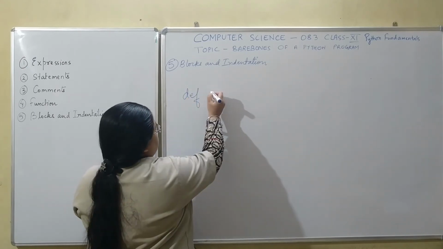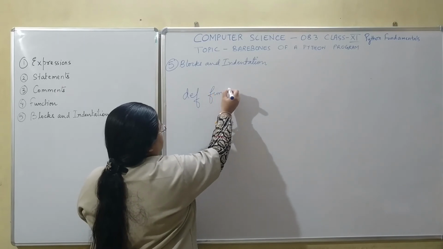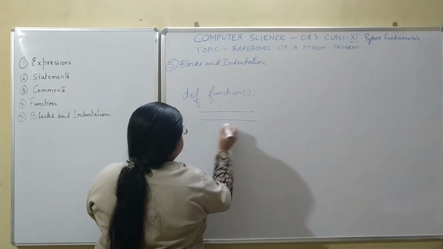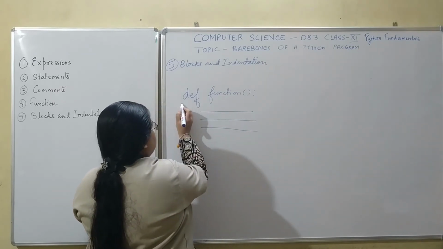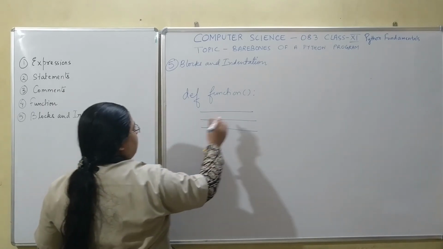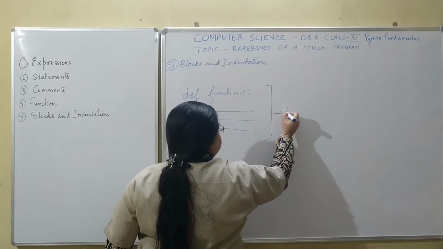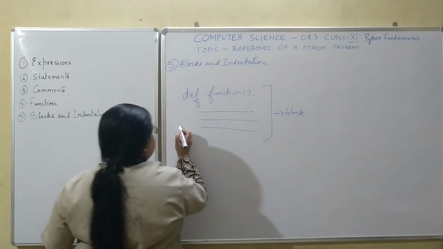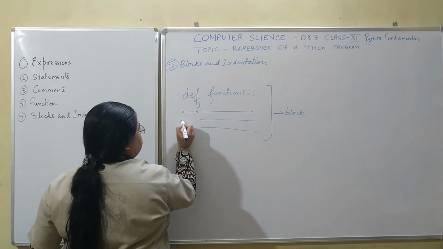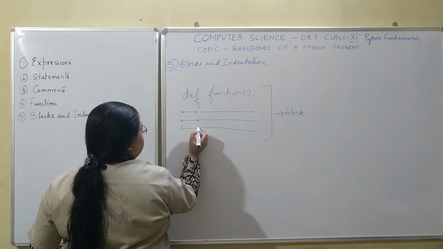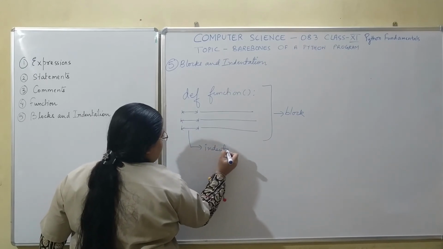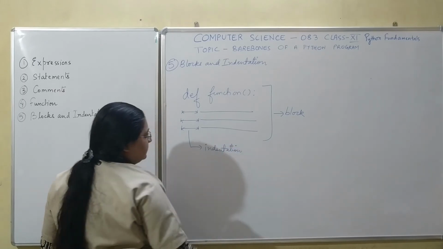So the function is there, name of the function is provided, and you have some statements. Now before these statements, because we have used a def keyword over here, we are starting a new program block. This is a block, and these statements will always start after leaving some space. This space is known as indentation, and indentation is mandatory in Python.